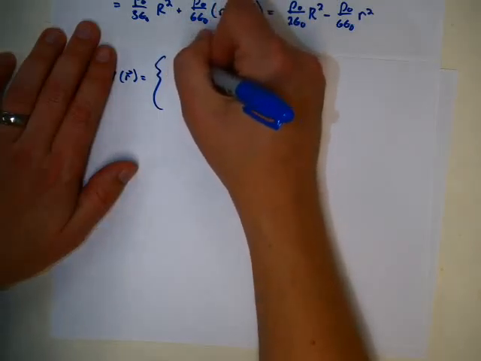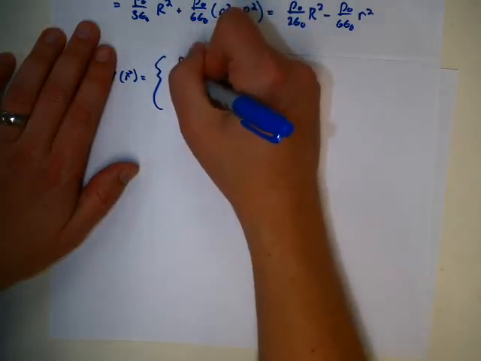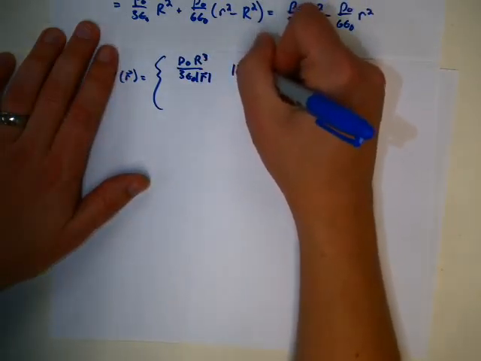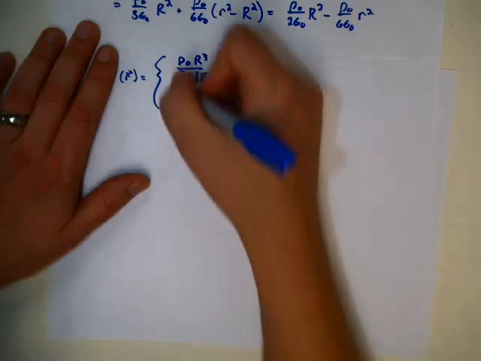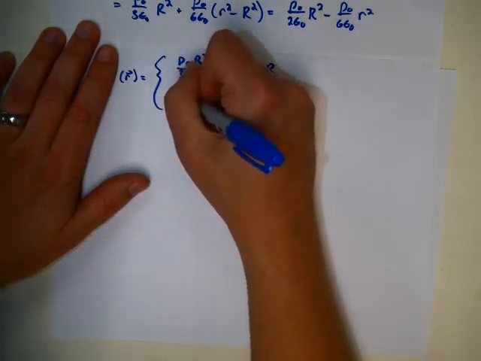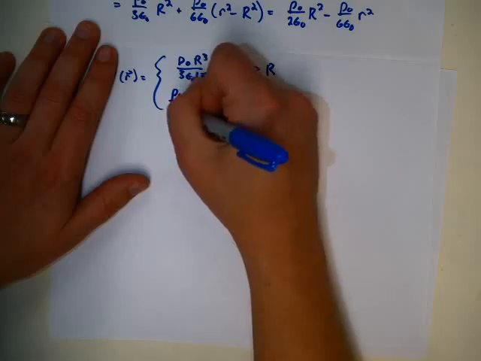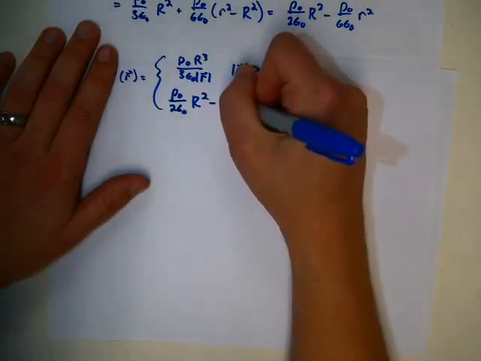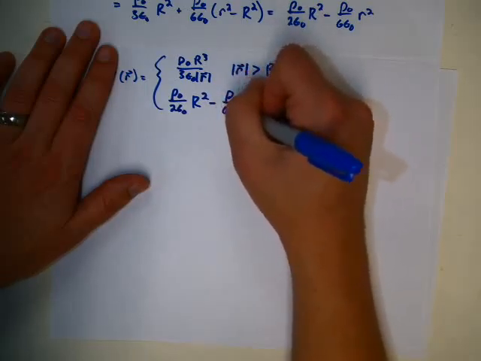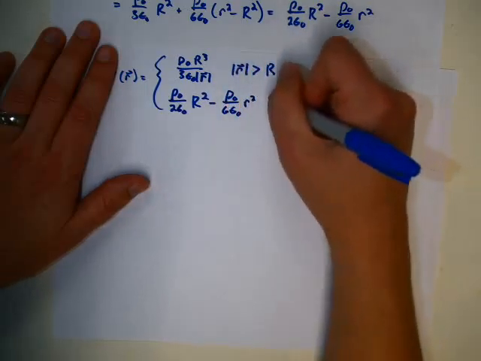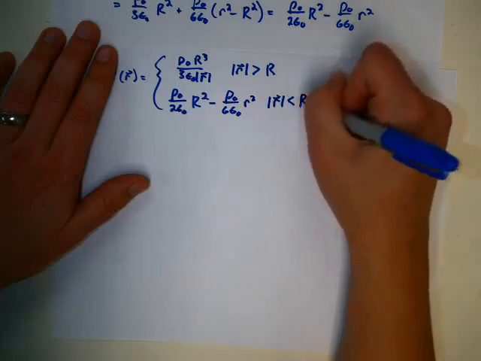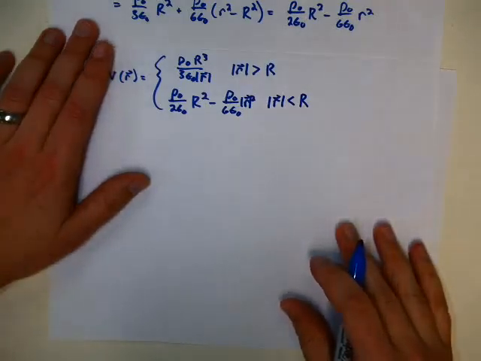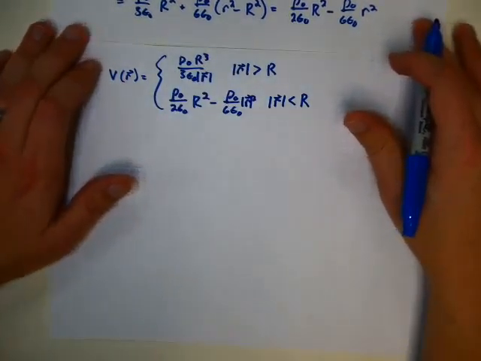It'll be rho naught R cubed over 3 epsilon naught r for r greater than capital R, and it will be rho naught over 2 epsilon naught capital R squared minus rho naught over 6 epsilon naught little r squared for r less than capital R. And there you go. So that is the potential everywhere.